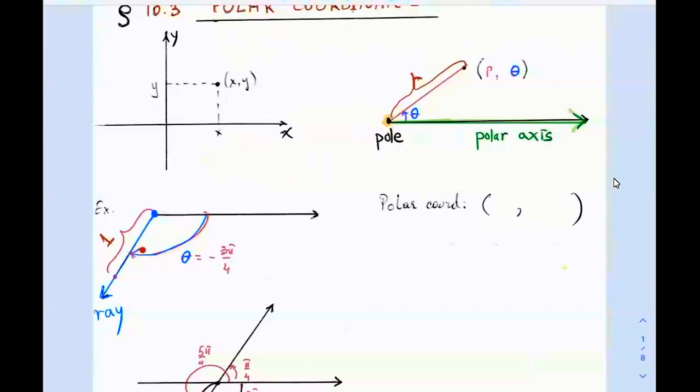Because it goes clockwise, it's negative, so negative 3 pi over 4. Then in polar coordinates, this point is represented by the first coordinate 1, and the second coordinate negative 3 pi over 4.